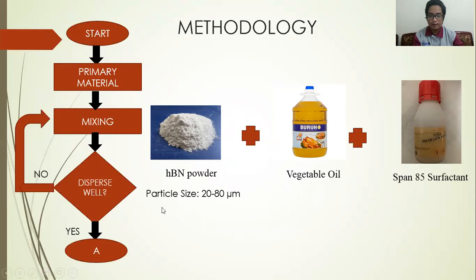But before that, we have to test the suitable surfactant that is going to be used. From my observation, the suitable surfactant is SPAN 85. There are several surfactants that have been tested before. Then SPAN 85 is the suitable one.